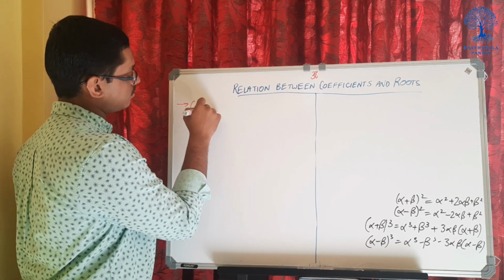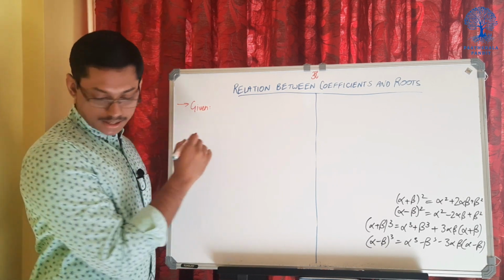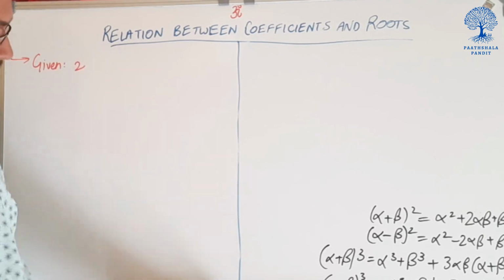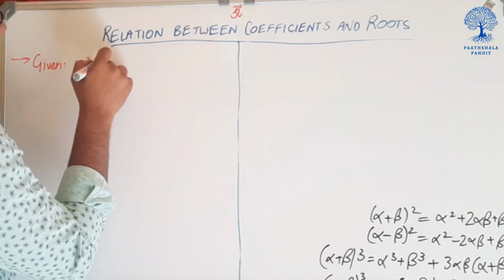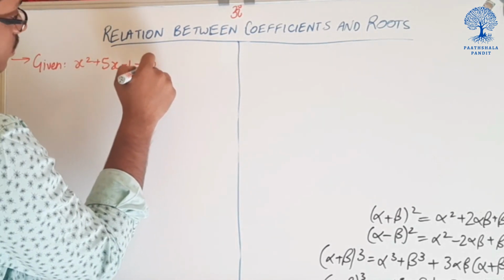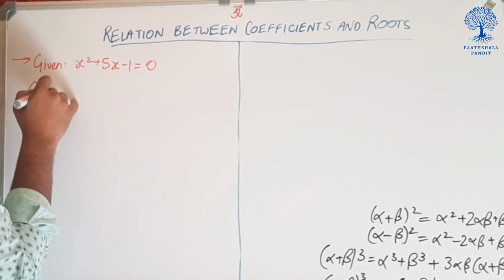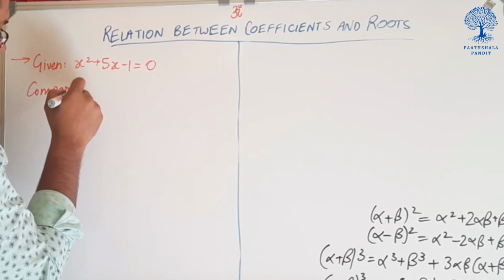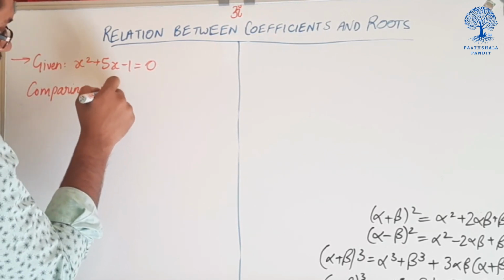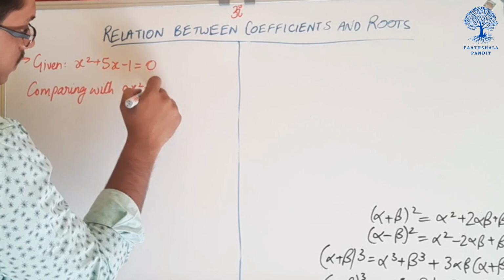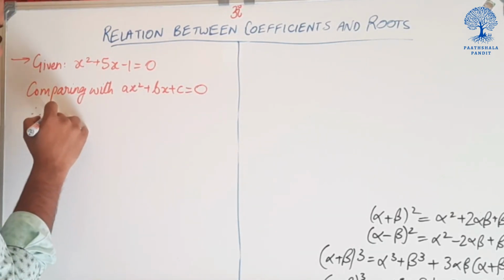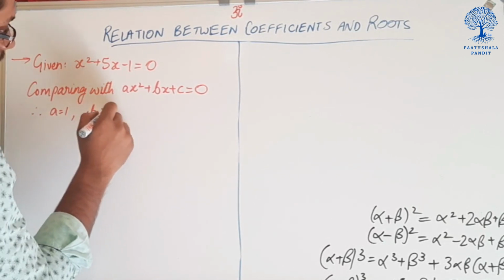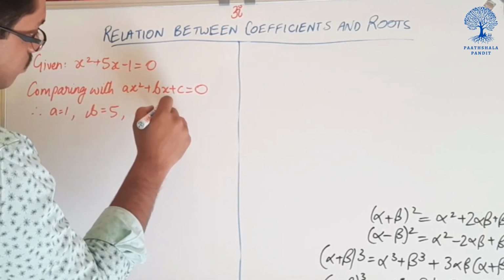The given part, which is the equation actually, x square plus 5x minus 1 equal to 0. So comparing with ax square plus bx plus c equal to 0, therefore a is 1, b is 5, c is minus 1.